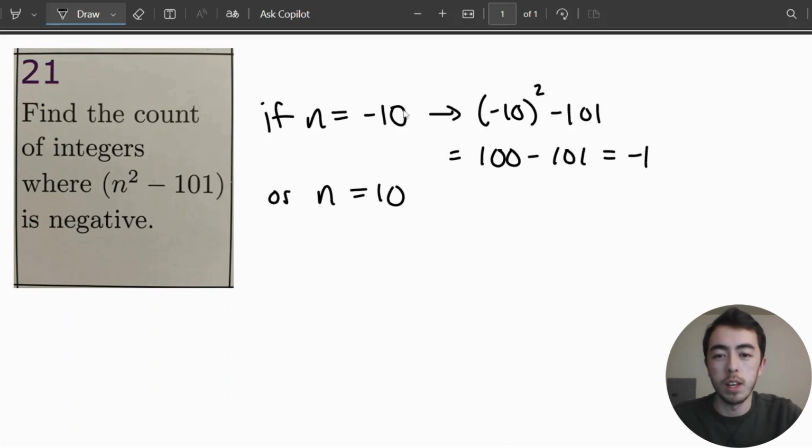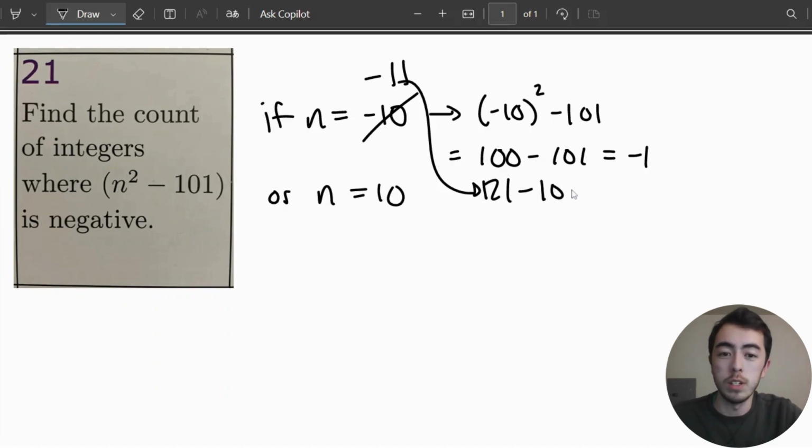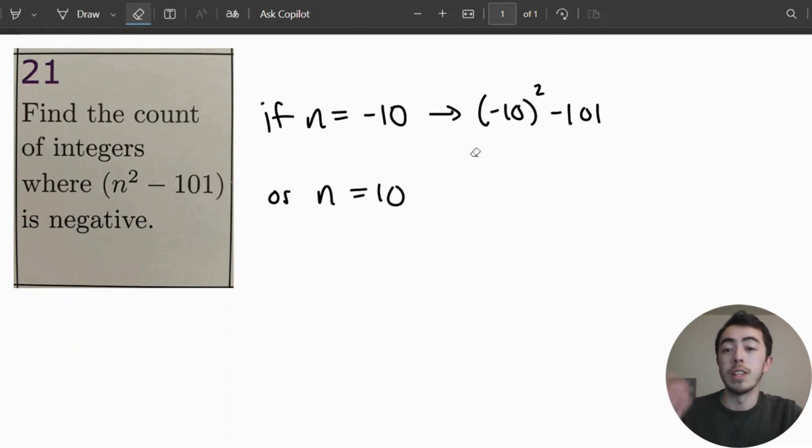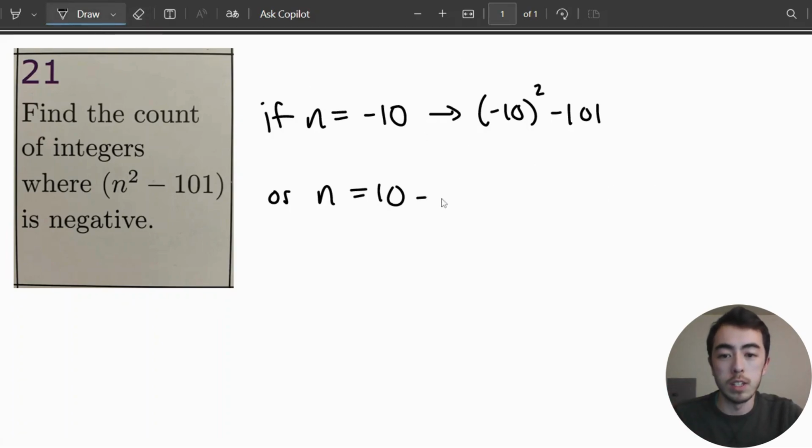If I try plugging in 11 or negative 11 here, I'll get 121 minus 101, and now that is positive. Oops, not 120, but just 20. So negative 10 and positive 10 are respectively the least and greatest integers I could plug in and still get a negative value out of n squared minus 101.